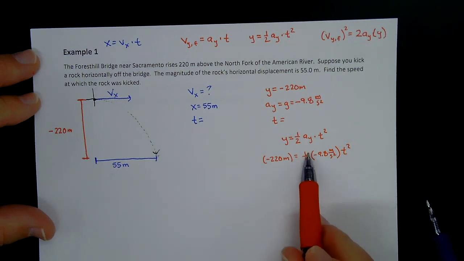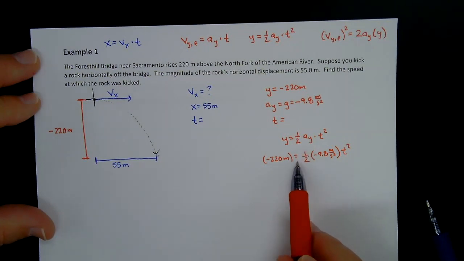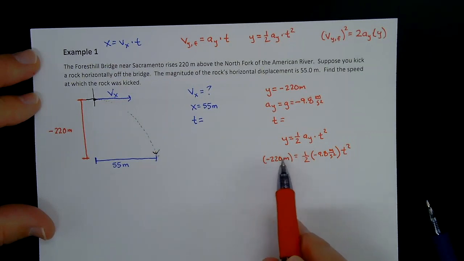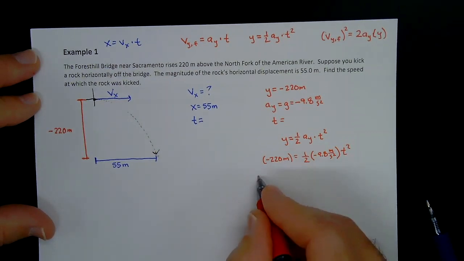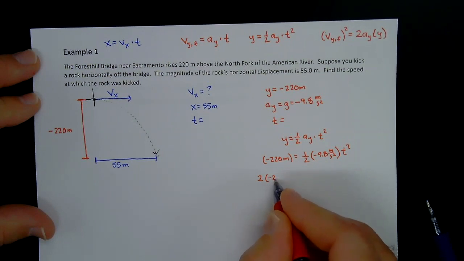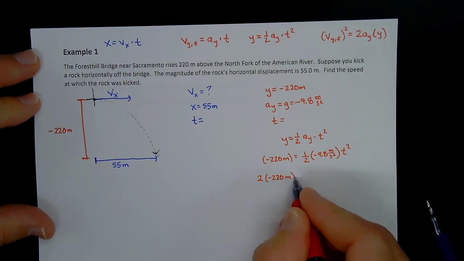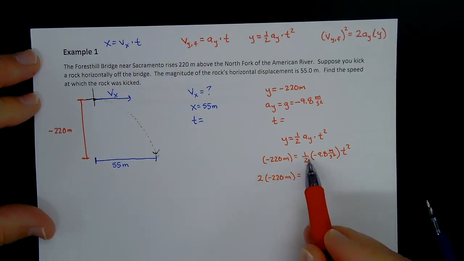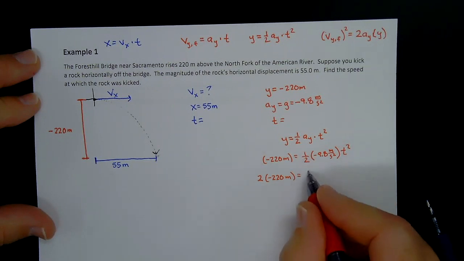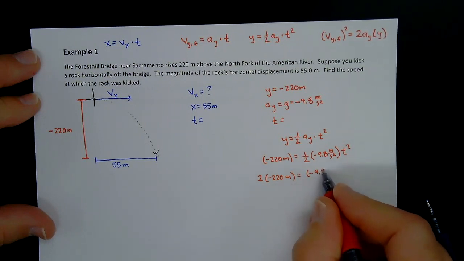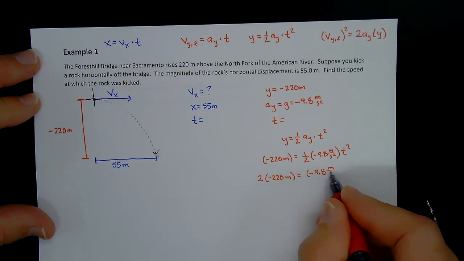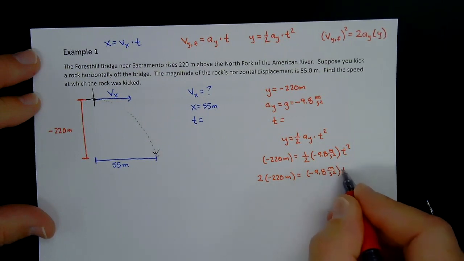So I want to get rid of this fraction. This is multiplying by 1/2. If I multiply by the reciprocal of this, which is 2/1 or just 2, that's going to make a 1 right here. So I'm going to multiply both sides by 2. So the left side becomes 2 times negative 220 meters is equal to, and then 2 times 1/2, well, that's just 1. So this becomes just negative 9.8 meters per second squared times time squared.